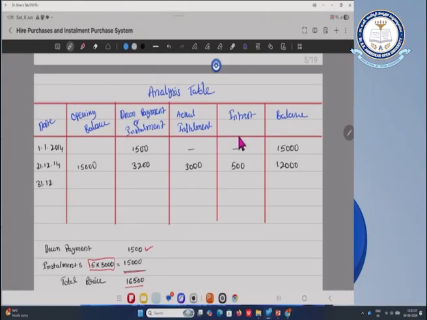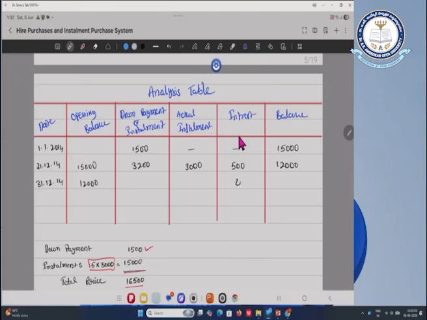What is the installment? The installment is 3,000 each. So, the total actual installment is 3,200, and the balance is 12,000. Same for 31st 12/14, the balance is 12,000 rupees.